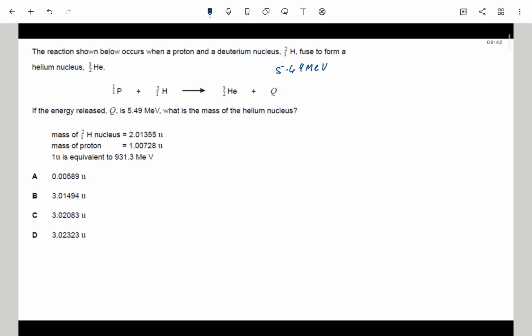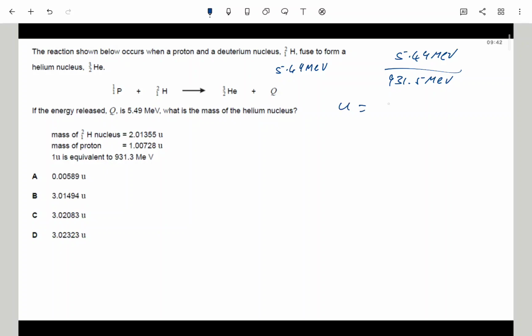Or you can just convert the energy into mass. I would convert the energy into mass, I think, because everything else is already in mass, and you want mass, so that makes sense. So you've got 5.49 MeV divided by the 931.5 MeV, and that'll give you the ratio of how many U it is.